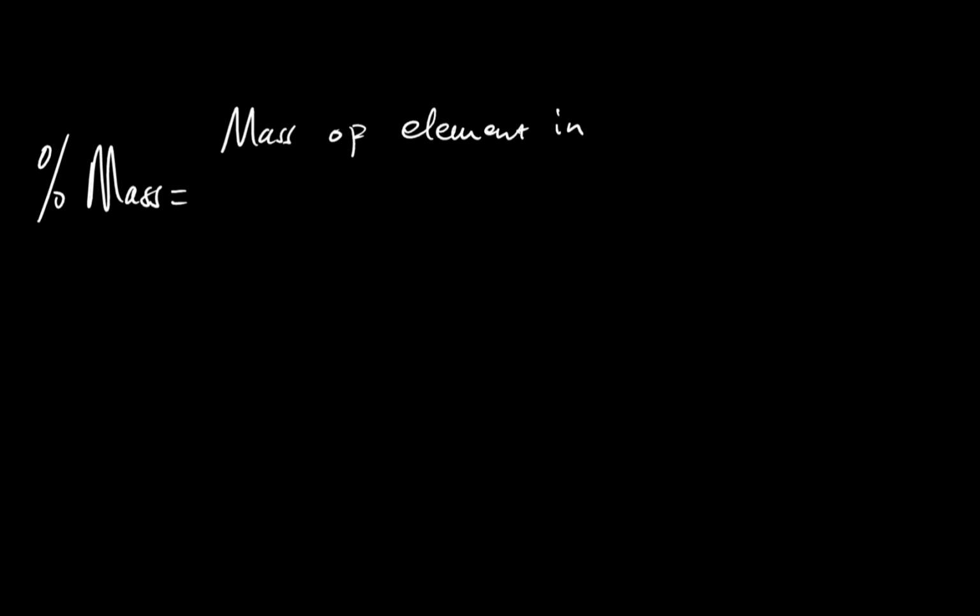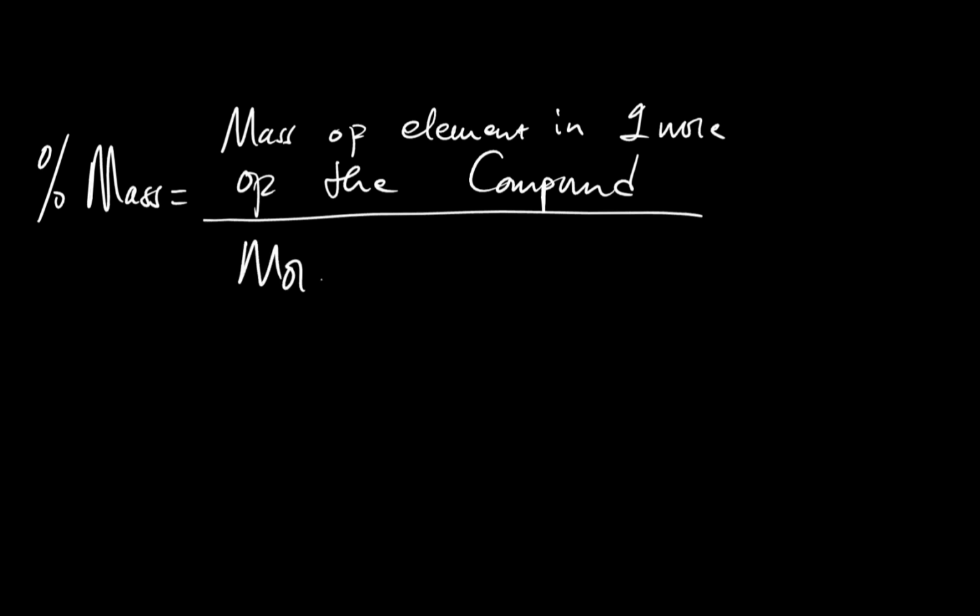Alright, so if you want to determine the percentage composition, we have a formula that we use. Percentage composition by mass is equal to the mass of the element that is in 1 mole of the compound, divided by the molar mass of the particular compound in which the element belongs, times 100%.